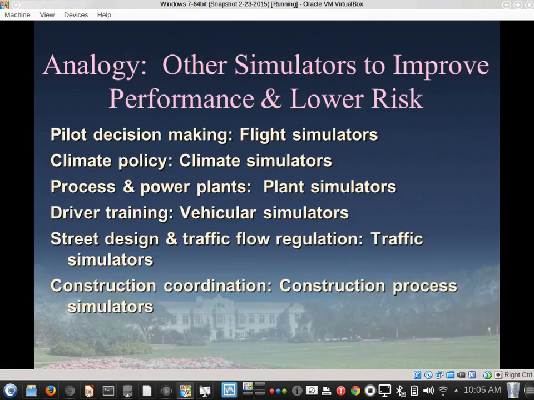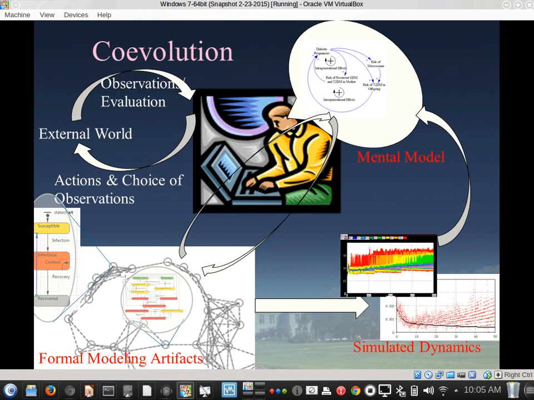Okay, so these models, far from being a crystal ball, a black box you put your faith in, are a way of improving your mental model. You're understanding the situation, and they're tied in with this process of describing a system, simulating the consequences of those assumptions, using those results to refine your understanding in your head about what's going on, and then observing, maybe undertaking actions or undertaking new data collection prioritized by what you've observed from what's sensitive in the model.